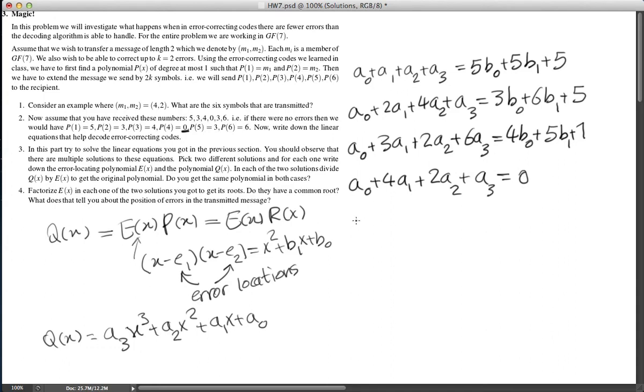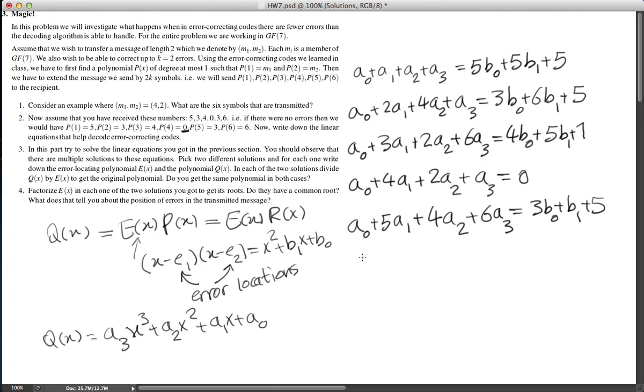For the fifth equation, we have a0 plus 5 times a1 plus 4 times a2 plus 6 times a3. This whole thing is equal to 3 times b0 plus b1 plus 5.